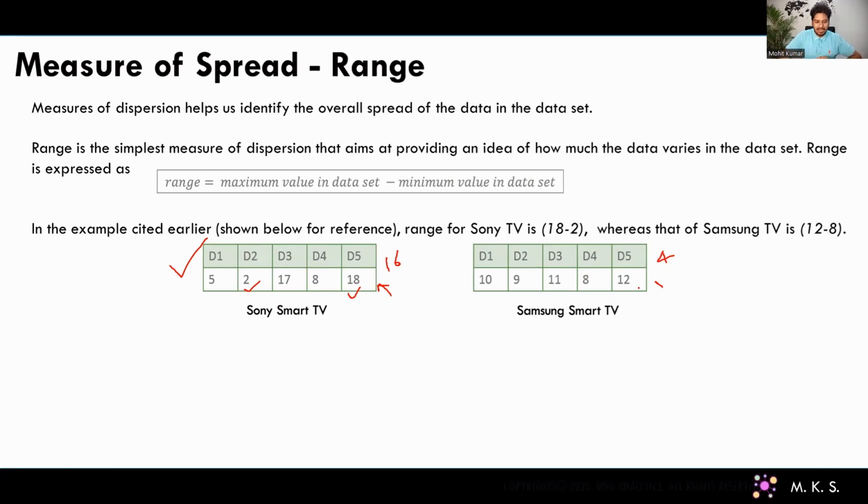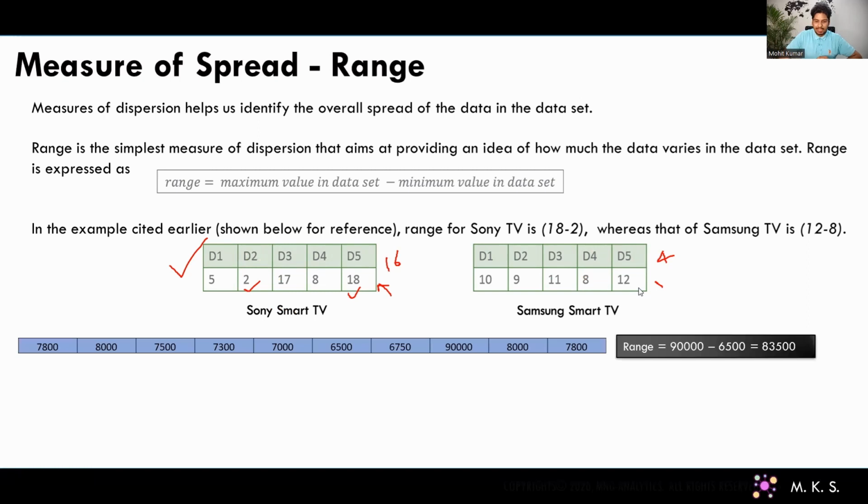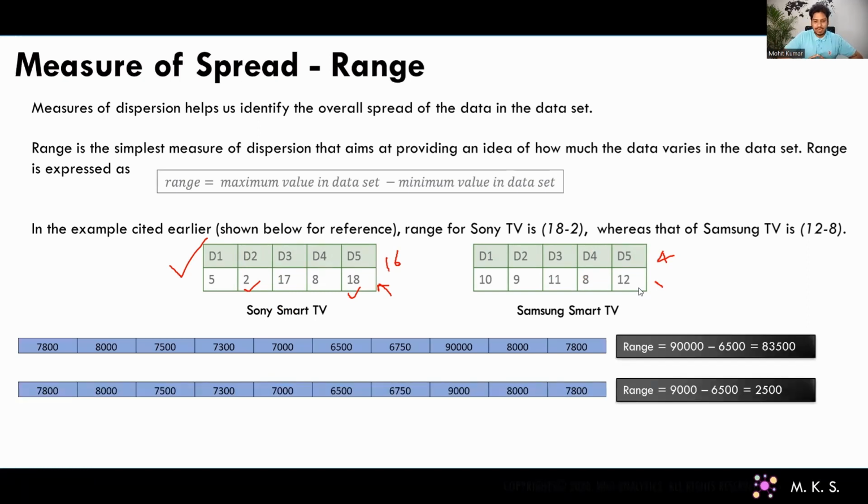Now let's look at another data set which we used to calculate mean, median and mode in our last video, right? So now in this particular case, for both of them, we have similar data except one value which we have changed from 90,000 to 9,000, right? So in one case, we have 90,000. This data was about data scientist salary in Dubai, in dirhams, right?